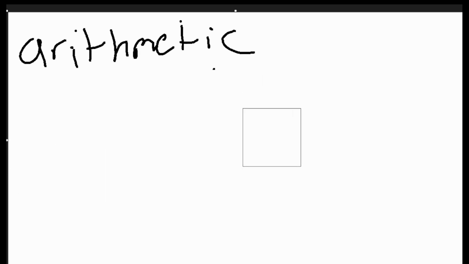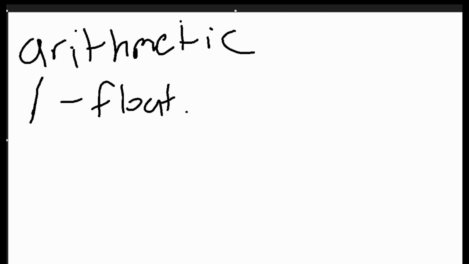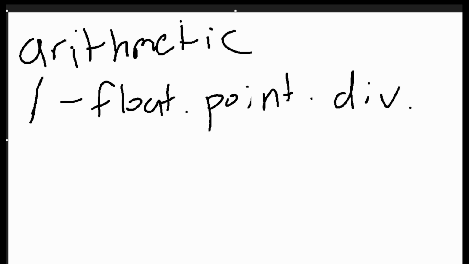And there's still a little bit more for arithmetic. In Python, there are essentially three different types of division. The first is called floating point division, and that's represented by a forward slash.